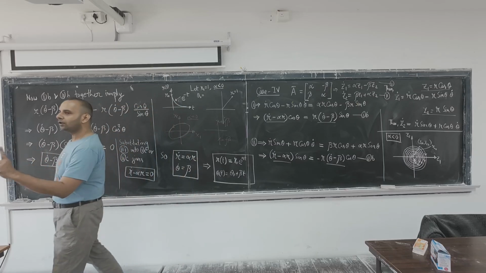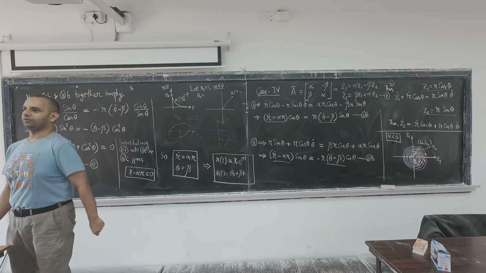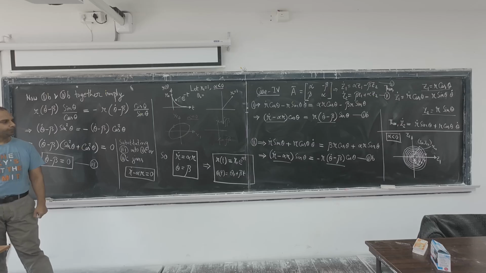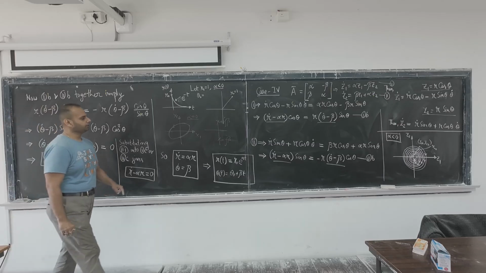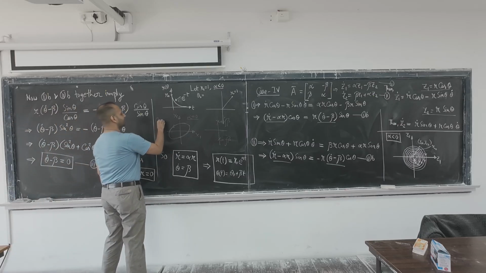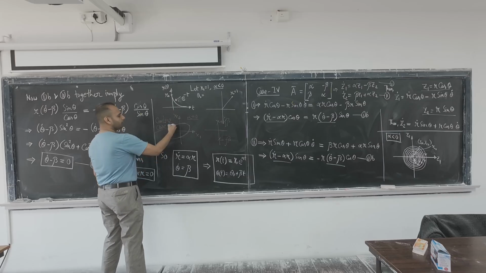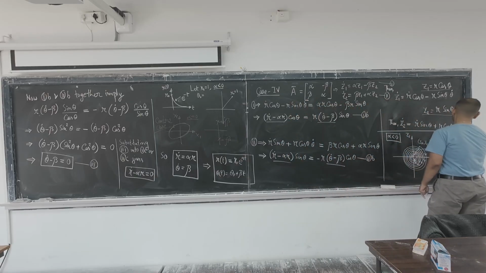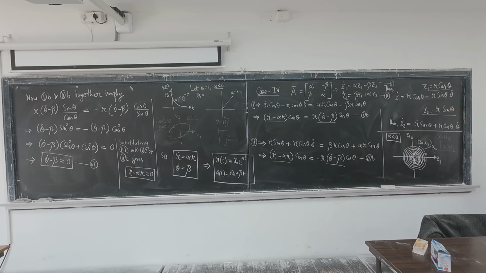Corresponding to one R0, you will get only one closed curve. This is actually called the center case, when you get only one closed curve. And this is stable focus.